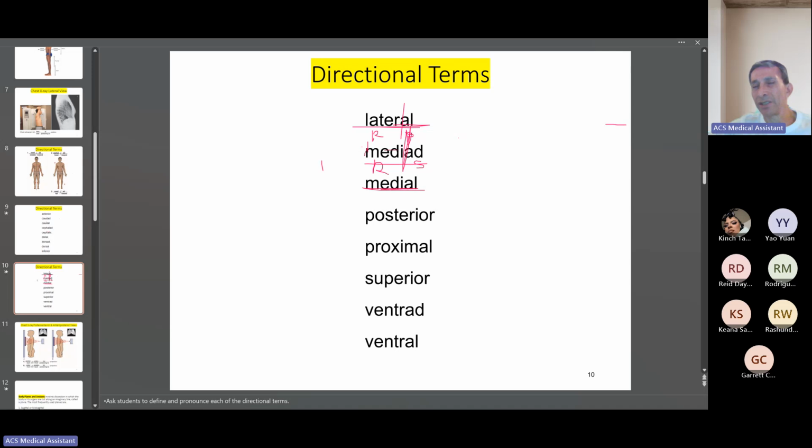So right here, it's AL, which is the suffix, and medi, which is the word root, pertaining to the middle. Then we have posterior, IOR, this is the suffix, and poster, this is the word root.